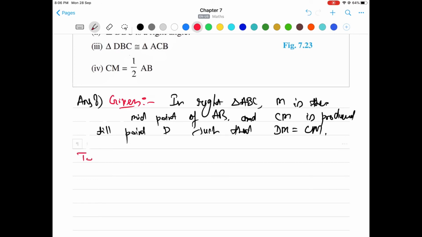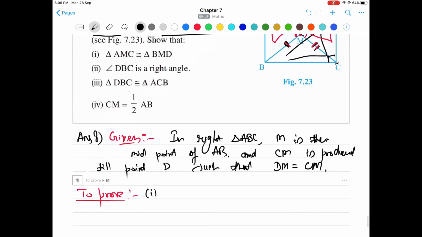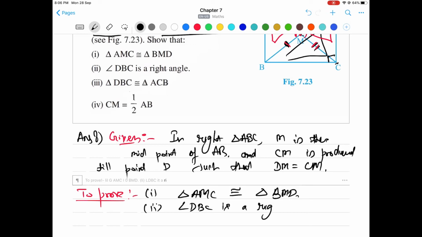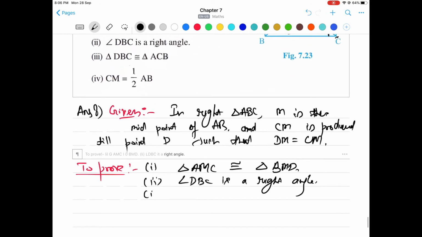We have to prove four things here. First one is triangle AMC is congruent to triangle BMD. Second is angle BDC is a right angle.